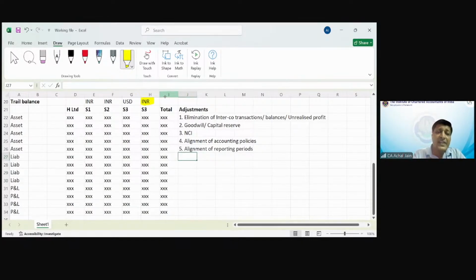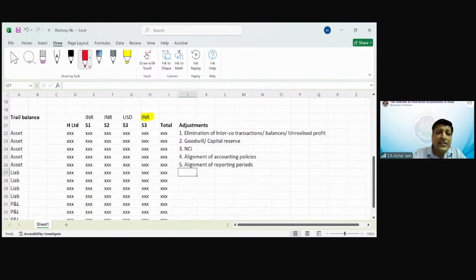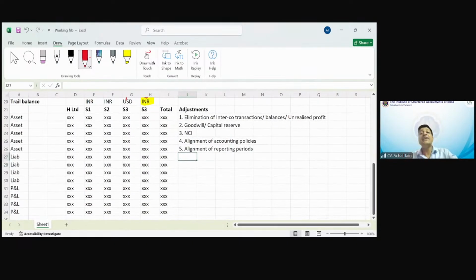When the subsidiary will convert its financial statements from USD to INR, it's not necessary that subsidiary 3 will provide financial statements in INR. It may happen that S3 has provided the financial statements in USD only.